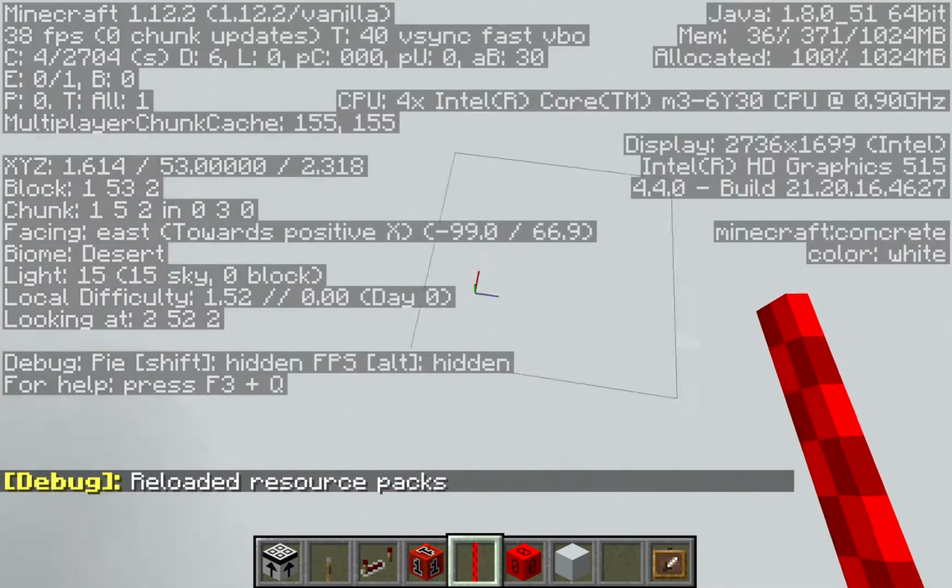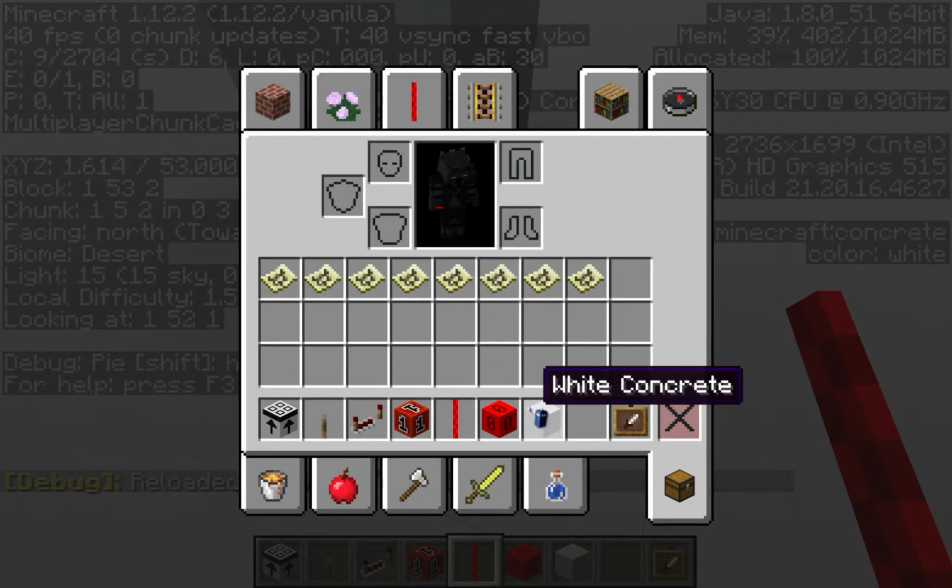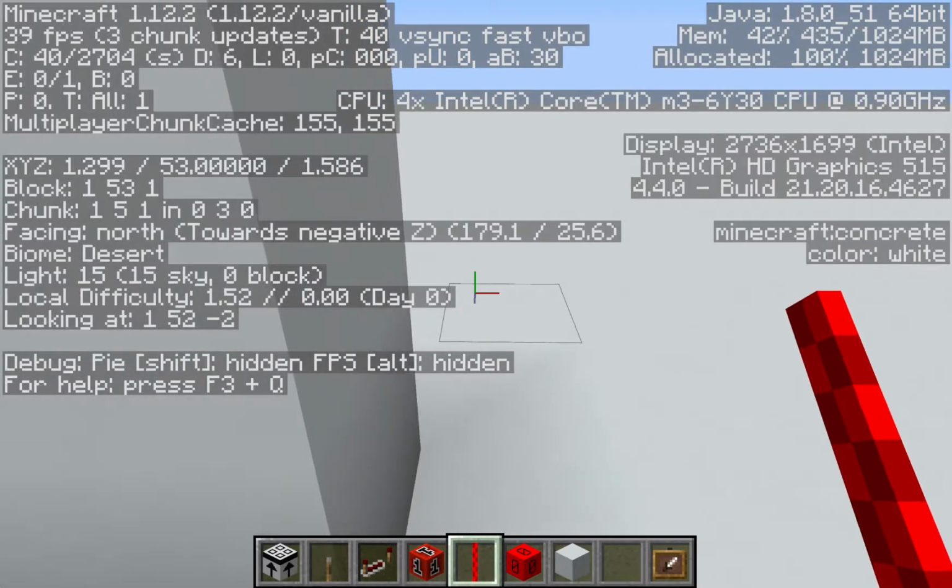Anyway, so which way is positive? Okay, so what I'm going to do. Alright, these maps are coming up. You'll see what they are.